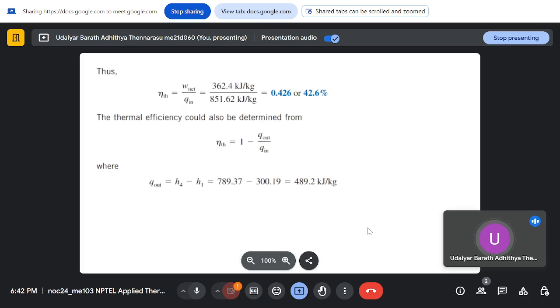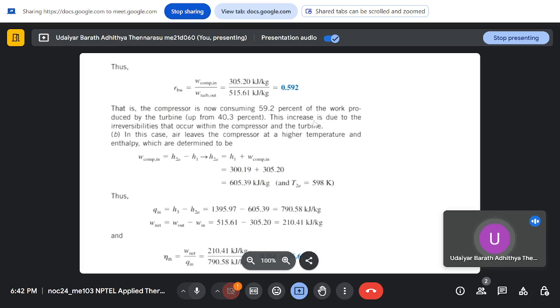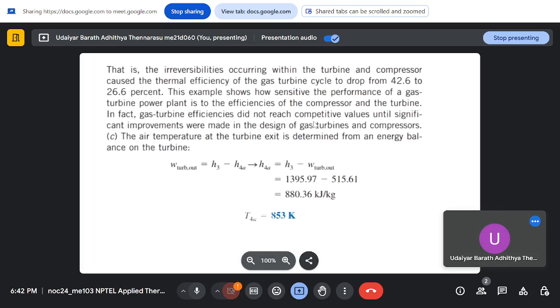If you see, previously it was 42.6%, now it is 26.6%. Because of the irreversibility occurring within the turbine and compressor, the thermal efficiency has dropped from 42.6% to 26.6%.